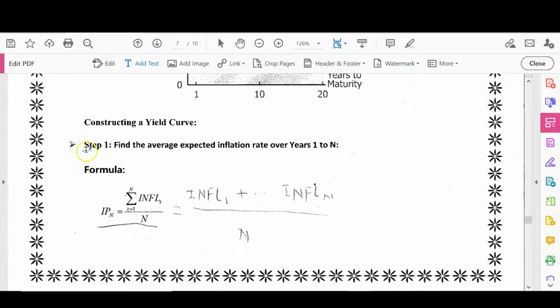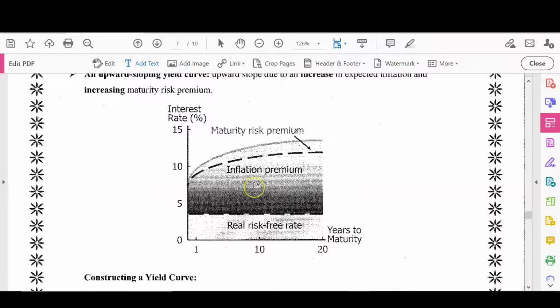We were trying to construct a yield curve to show the relation between T and R. The first step is to calculate IP for different T, and then calculate MRP for different T. We add these to the real risk-free rate so we can know the interest rate R for bonds with different maturity.